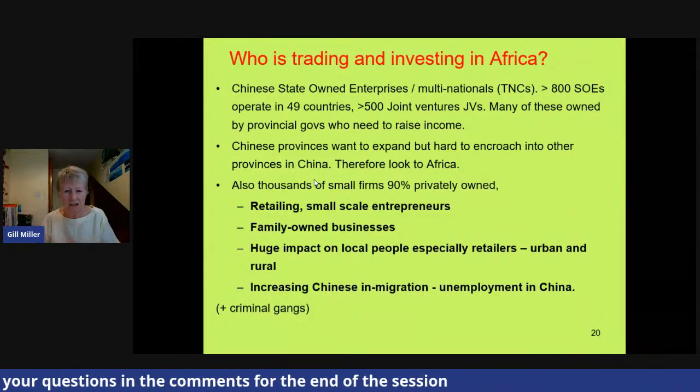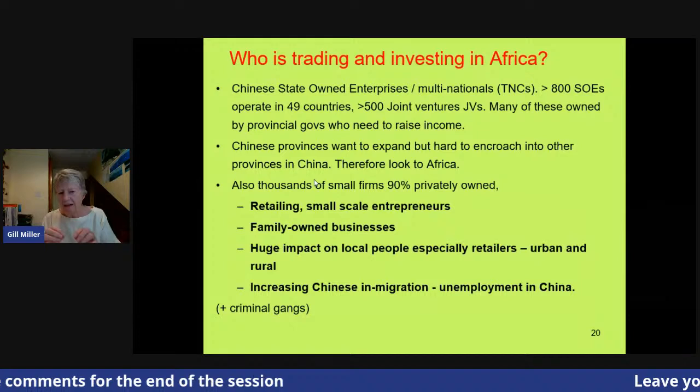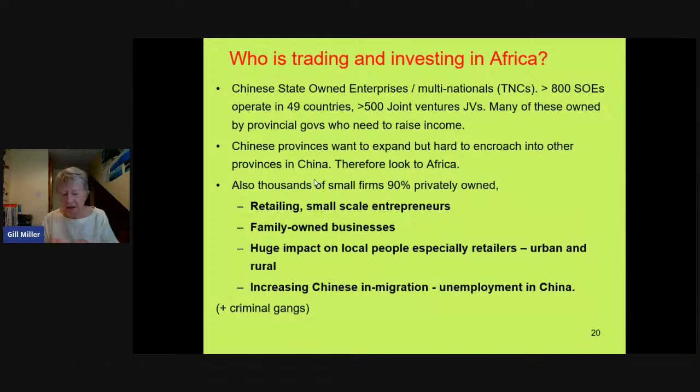And there's lots of joint ventures. Many of these Chinese companies, though, are owned by provincial governments. Now, you've got to think in China of the provinces as really quite independent, and they all want to develop themselves. Sometimes they're actually in competition with each other. So these provincial governments will have a car firm, or an iron and steel firm, or a pharmaceutical company, and they can't really encroach into each other.